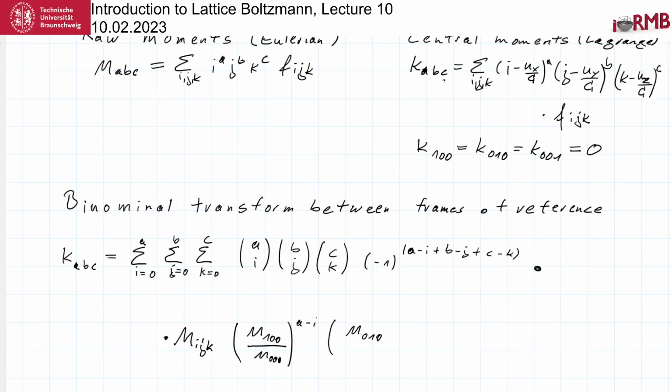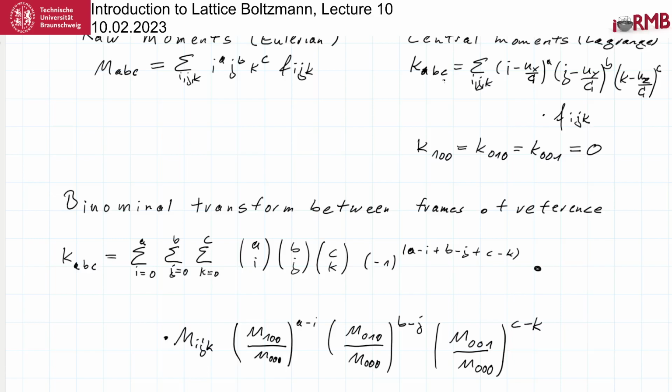M_010 divided by 1 by the mass again, to the power of b minus j, and M_001 over M_000 to the power of c minus k.